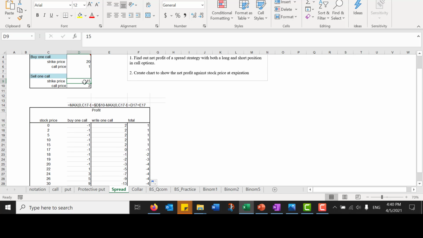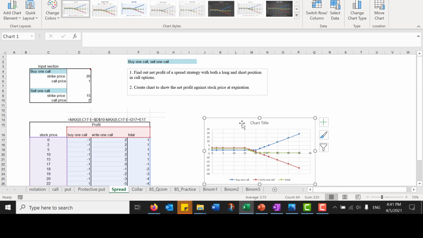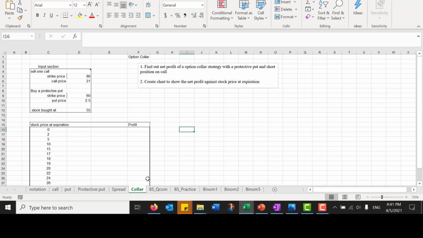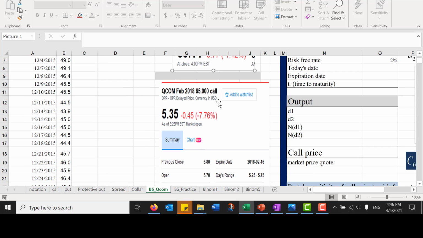Okay, so the total net profit is two things because we only have two things inside our protective put. Another way to analyze this is you can think about this as the strike 25 minus the total cost of your protective put, which is $2 plus 20. Okay, so that is the same thing.